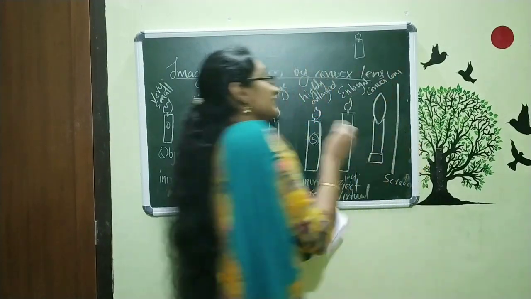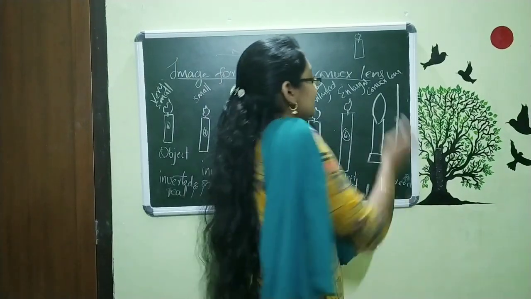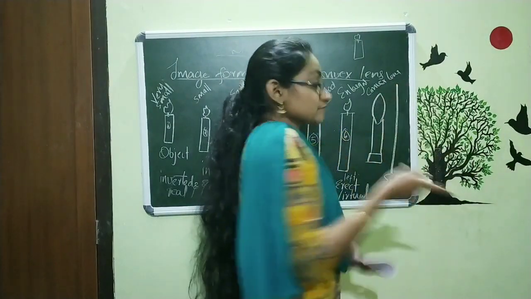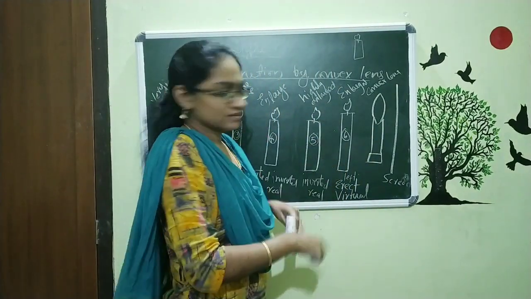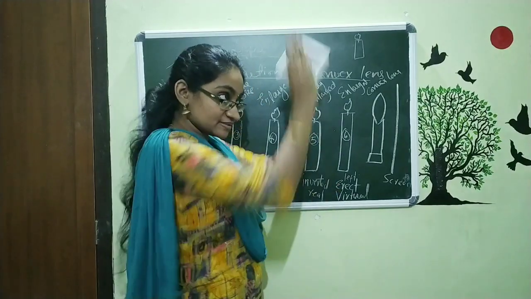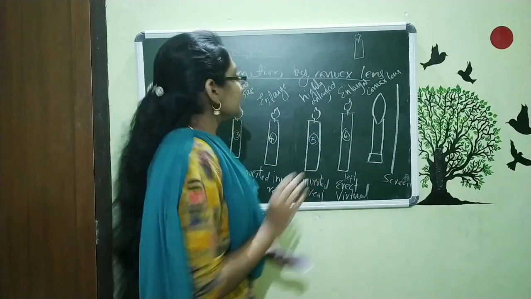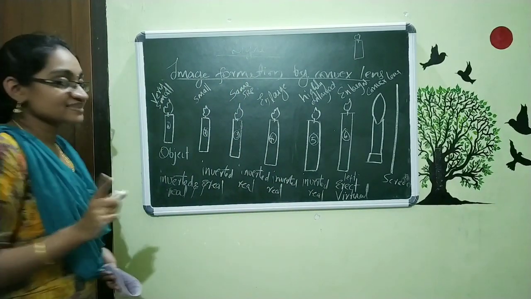Here you will get the image enlarged, but the only difference is this: you won't get the image at the right side of the lens, where you will get it on the left side. That means it is virtual and it is erect, a straight image. So this is the image formation by convex lens.